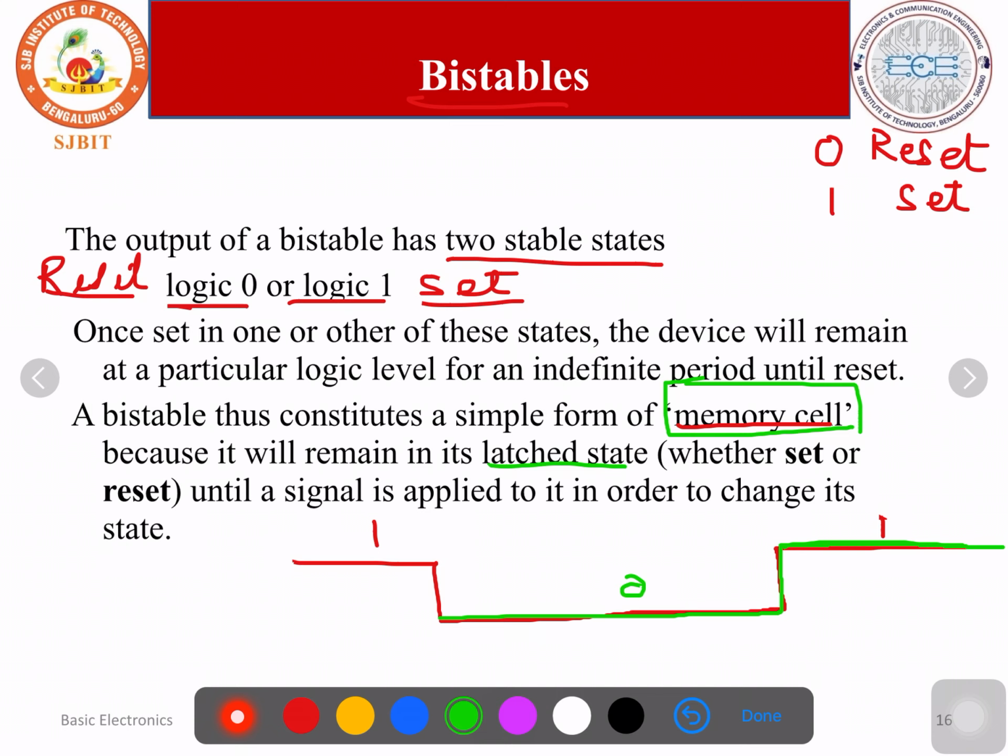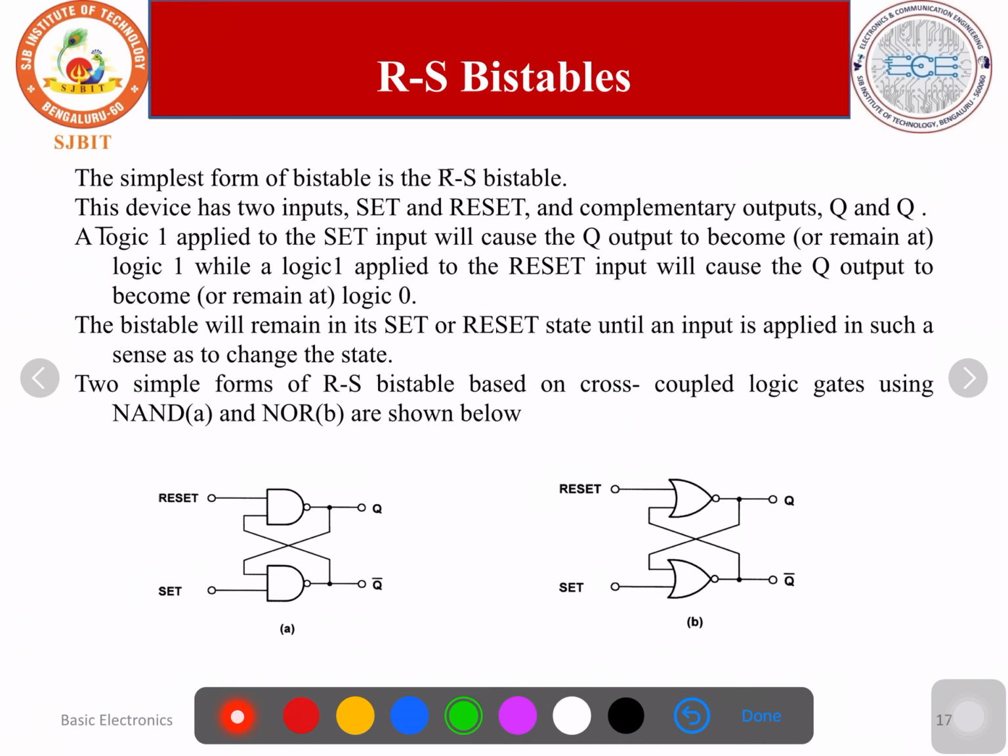So it is stable. There are two stable states, so it is a bistable. The two stable states are logic 0 and logic 1, and it will have the latched state, whether set or reset. Until a signal is applied to it in order to change its state, it will remain in the same state only.